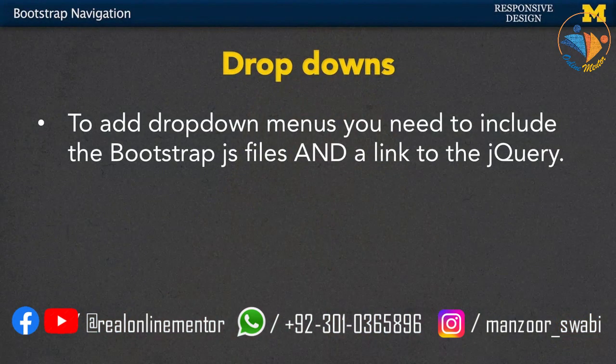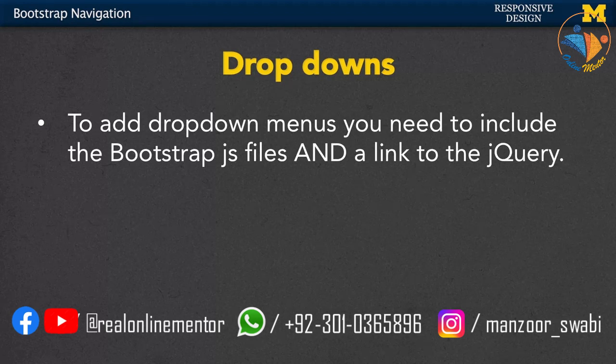Another thing you see a lot of people like to add to their navigation bars are these drop-down menus, where you have different options, but some of the options have sub-options to them. If you want to use drop-down menus, it's very important for you to remember to link to the Bootstrap JavaScript files and include that link at the bottom of your code to jQuery.